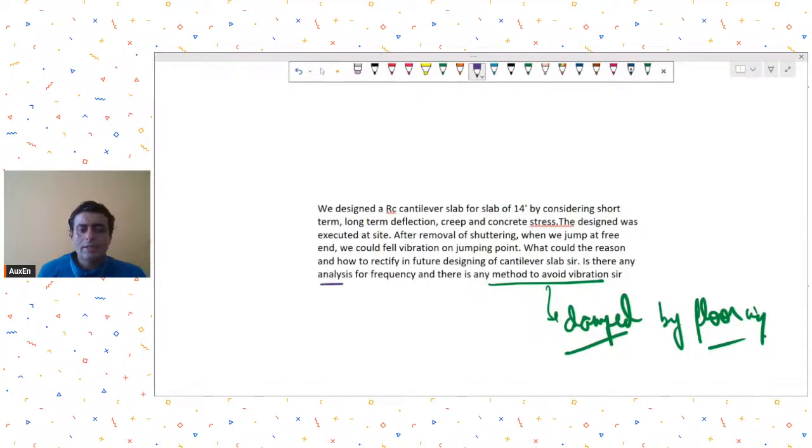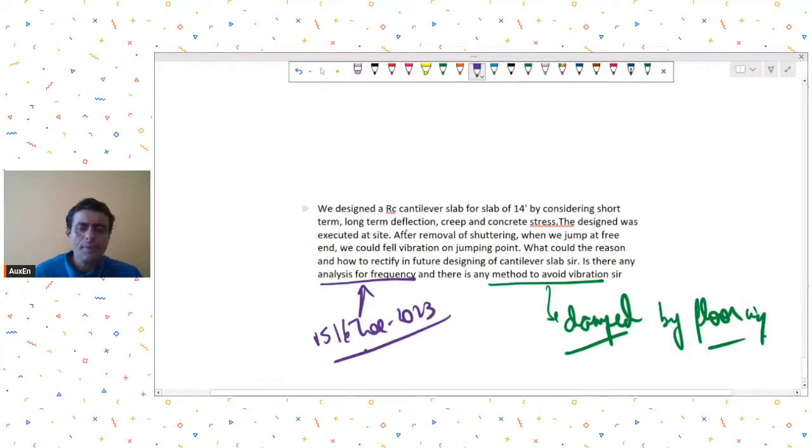For vibration analysis, there is no clear-cut guideline given in the Indian code as far as I remember. There are some guidelines given in IS 16700, but those are also not very clear-cut. But you could refer to some provisions given in, I think, the books by Taranath and Bangali. I think in his book he has given some checks for the frequency calculation, and those frequency calculations are given with respect to the deflection.